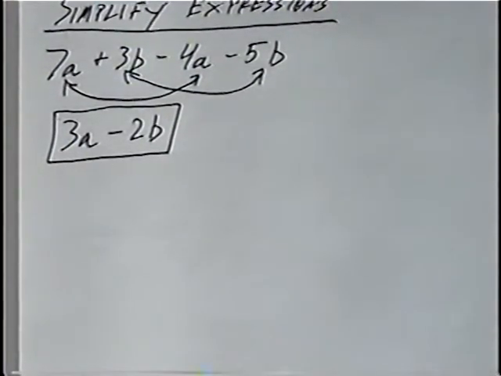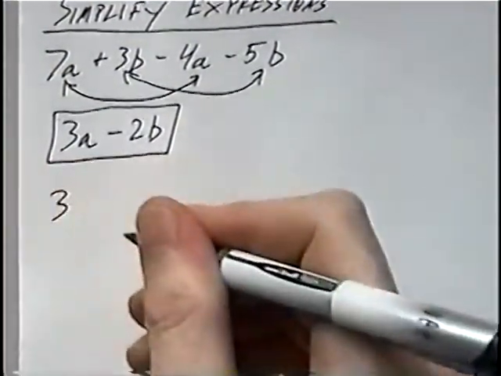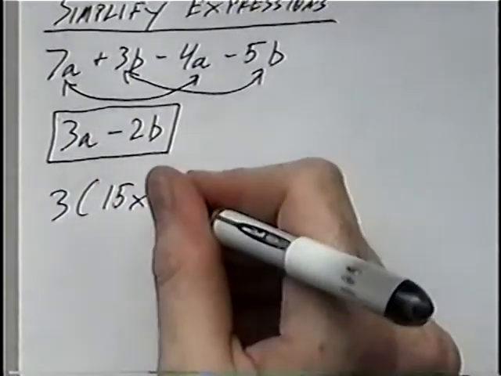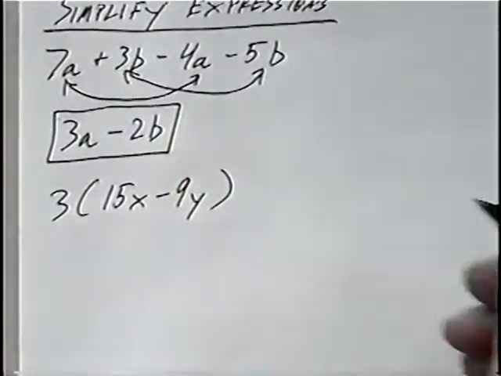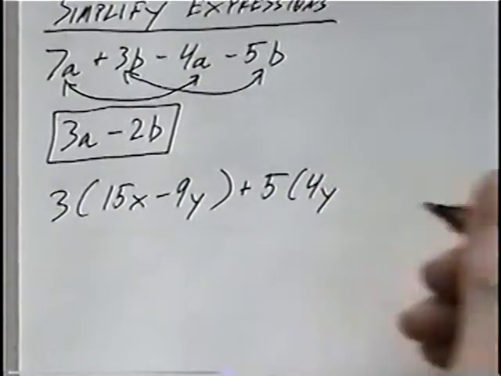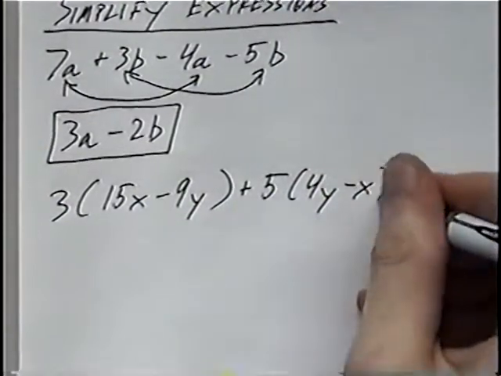Second question and last question for the section. 3, inside parentheses, 15x minus 9y, plus 5, in parentheses, 4y minus x.